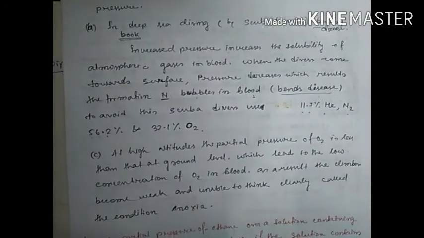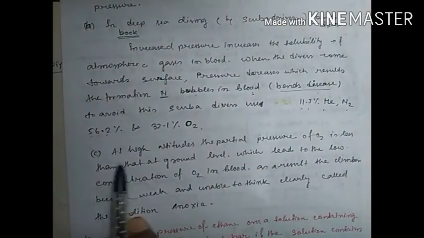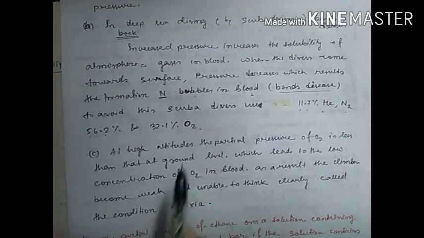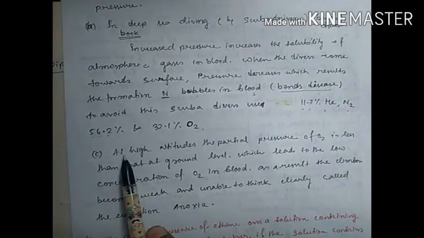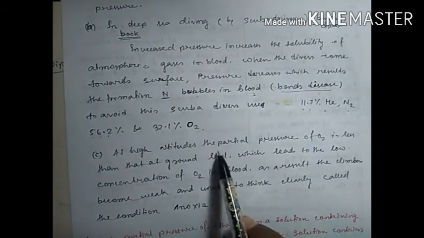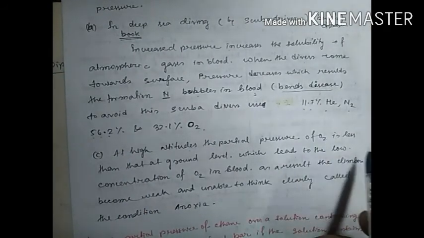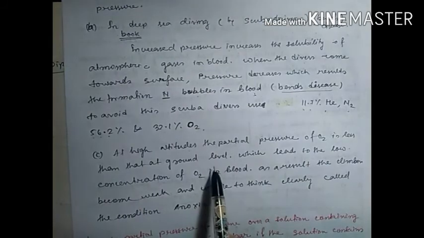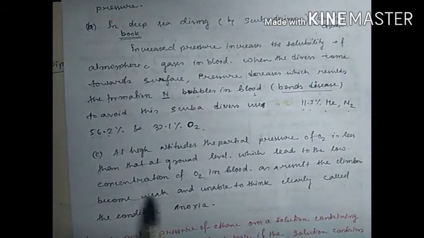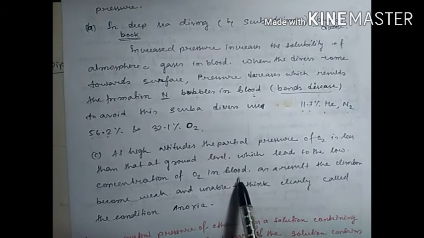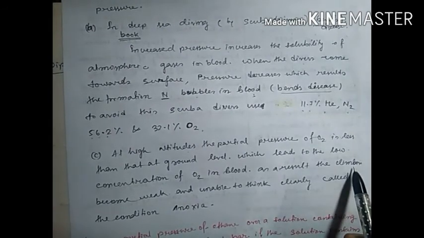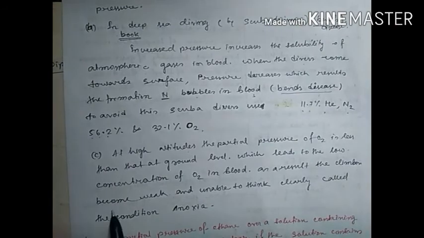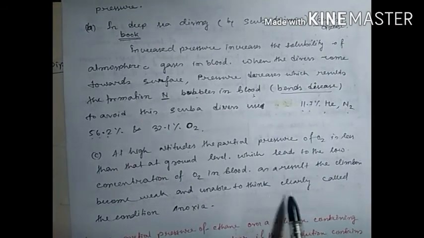Next, at high altitude, that means in very hilly areas or mountains, the partial pressure of O2 is less than at ground level, which leads to low concentration of O2 in blood. As a result, the climber climbing uphill becomes weak and unable to think clearly.